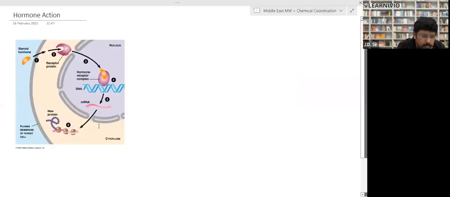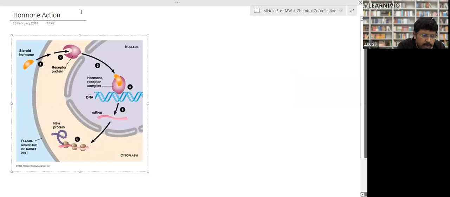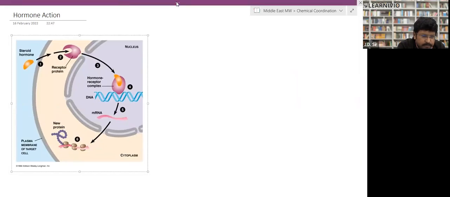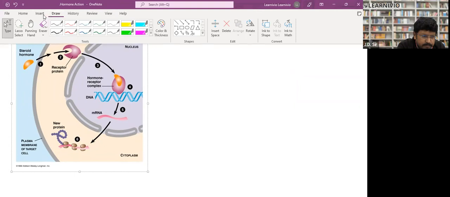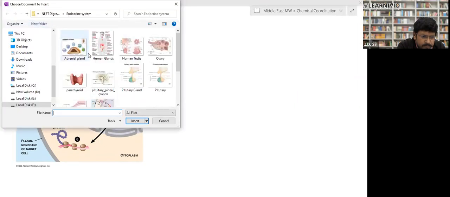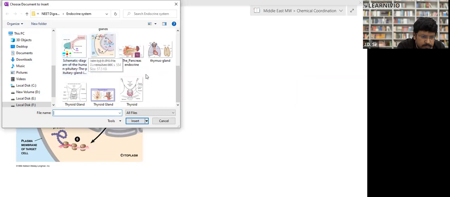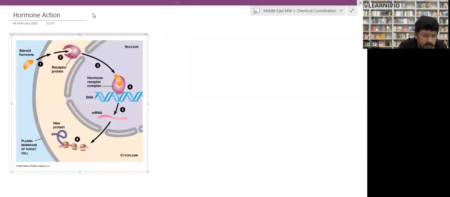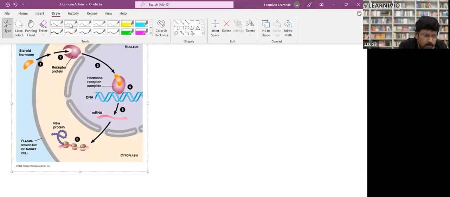Look, this is the diagram that explains the hormone action. How does it work?